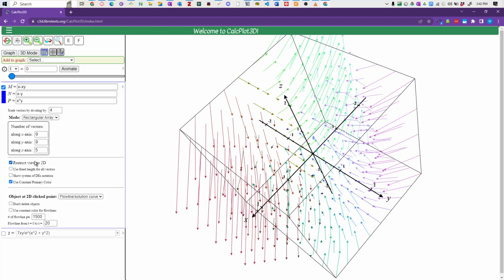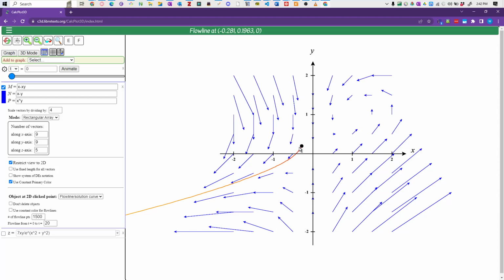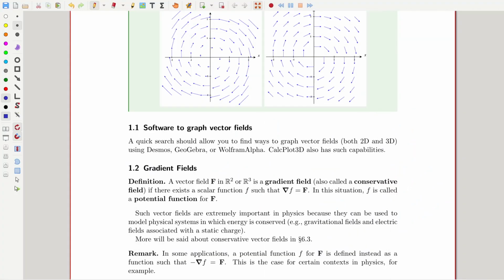And there's a nice way to restrict down to the two-dimensional view. This is more useful for PDEs or differential equations, showing the flow of a particle that is subject to this force field, this vector field. Okay, I guess that's good enough.